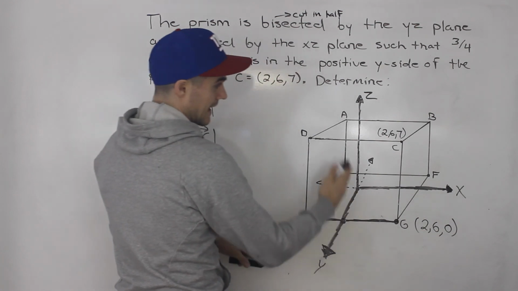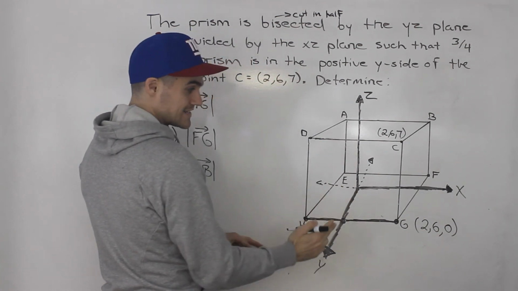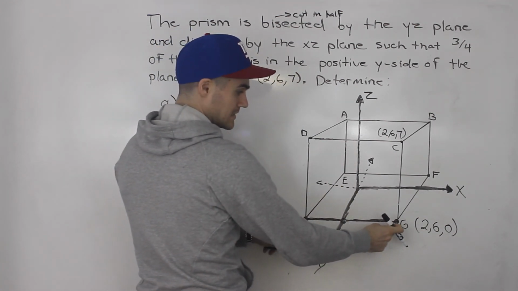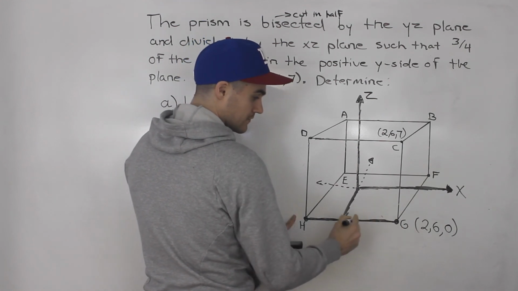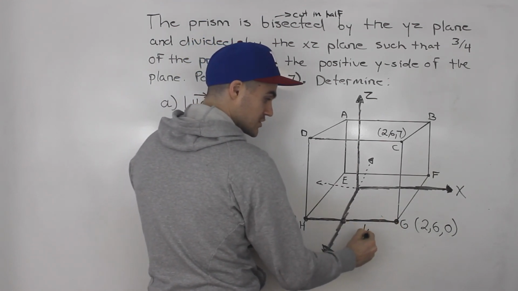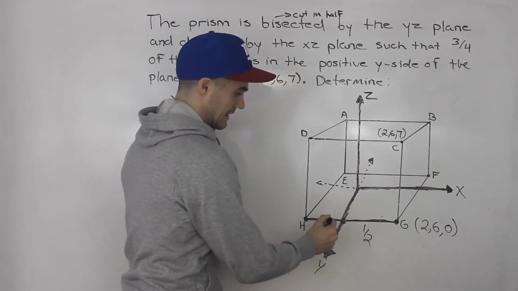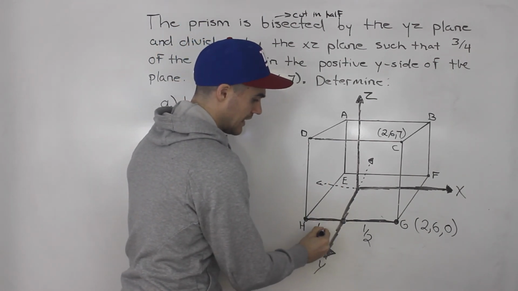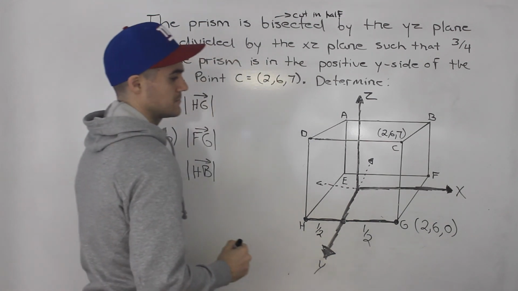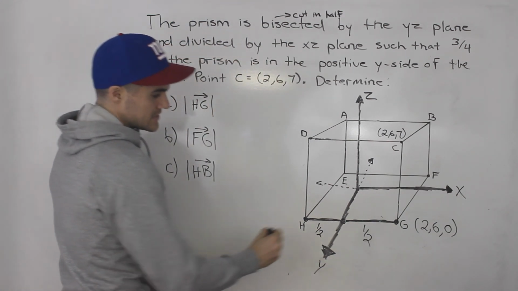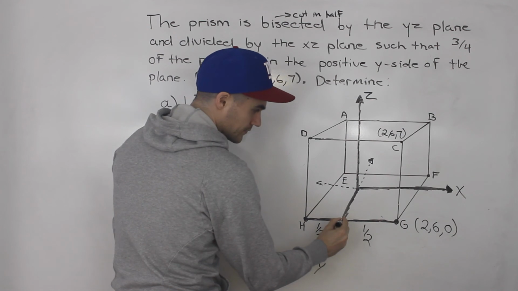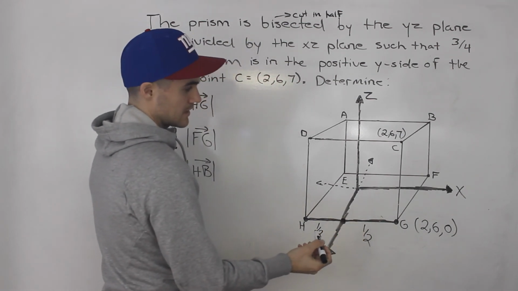So the YZ plane is bisecting this prism, which means that half of this length HG is to the right of that YZ plane, and half of the length HG is to the left of that YZ plane. Notice at this point here the X value is 0.